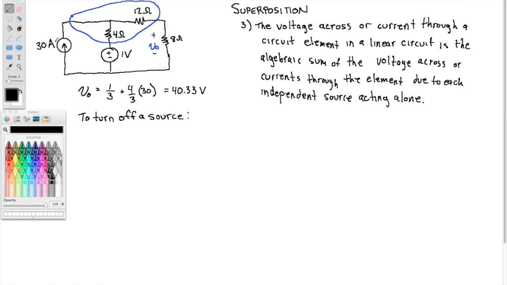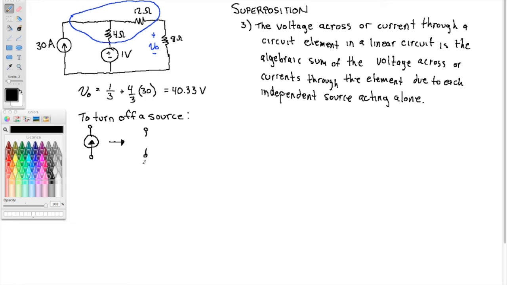Okay, well, a current source, all right, no matter how many amps it is, 30 amps, 45 amps, 1 amp, whatever, if we want to turn it off, well, what we mean is we want zero current to be flowing there. So schematically, what has zero current flowing through?